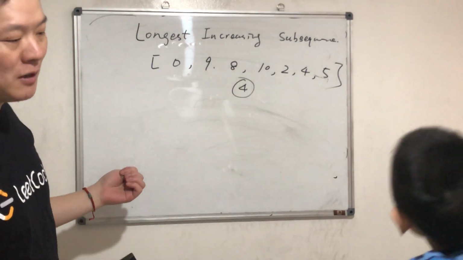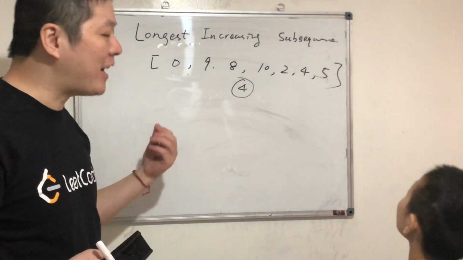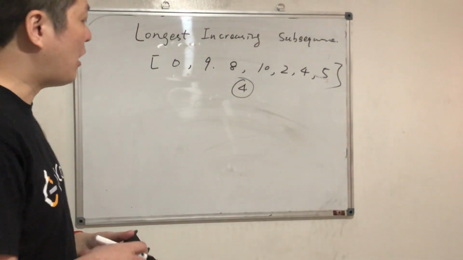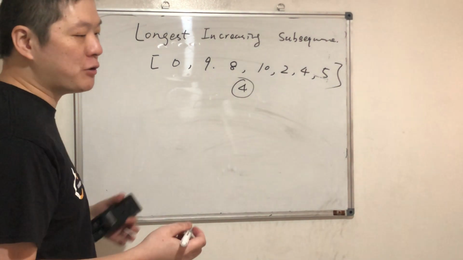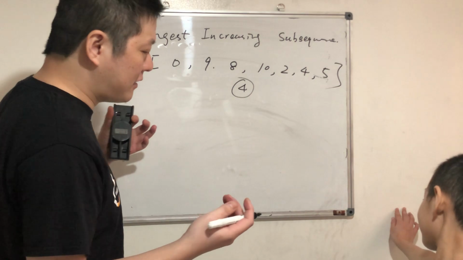We find every possibility of the subsequence, and then we check if it is increasing. Remember the time complexity of choosing a subsequence.